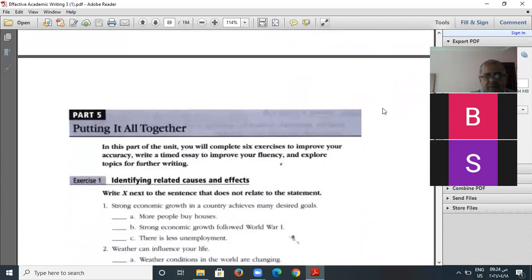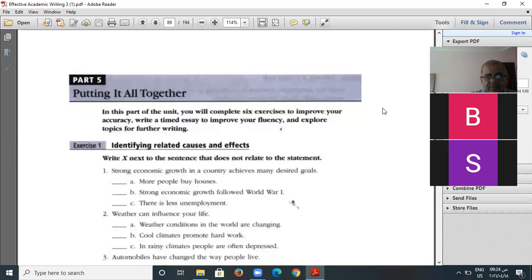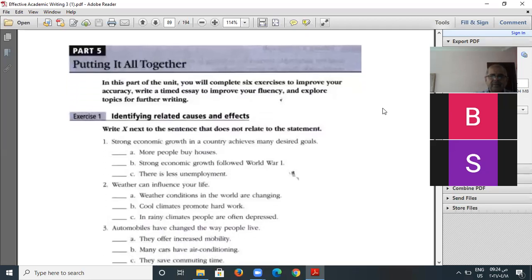Okay. Any question about real and unreal conditionals? Do you have any question? Is it clear for real and unreal conditionals? Is it okay?